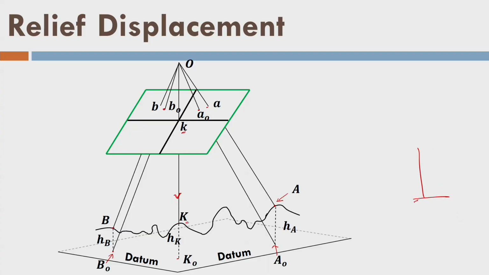Or assume that this building does not have any height, that means it is ground only, right. This point will be imaged somewhere in the photograph, and this point will be displaced because of this height, let us say h. So, that is the idea, and this displacement in the image of the point because of its height above the datum is called relief displacement.